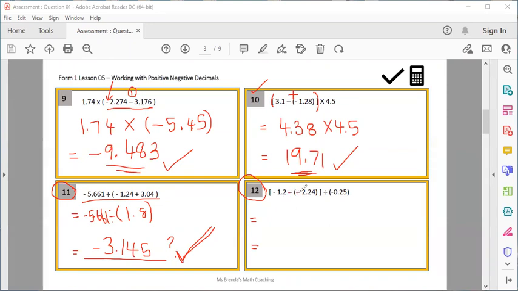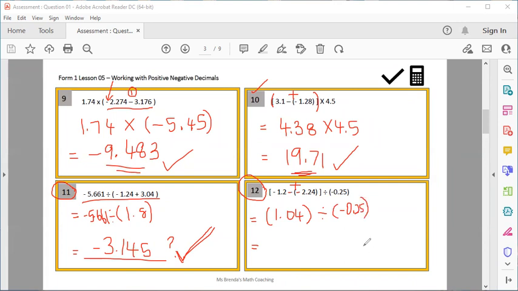Remember here, bracket first, but negative and negative becomes positive. So you start with a minus 1.2 plus 2.24, and the bracket will now become 1.04. It's a positive number. And you're going to divide it with a negative 0.25.